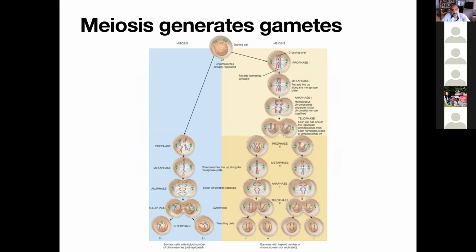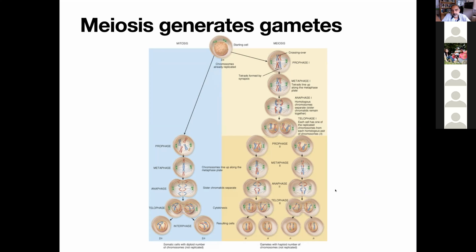The generation of gametes is interesting, and today we're going to talk about fertilization, but first we should talk a little bit about how gametes are generated. Just so I can understand what you know, can anyone tell me what feature of meiosis is used particularly for gamete generation?